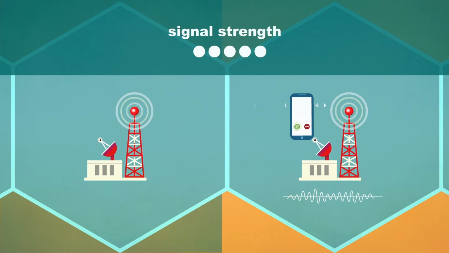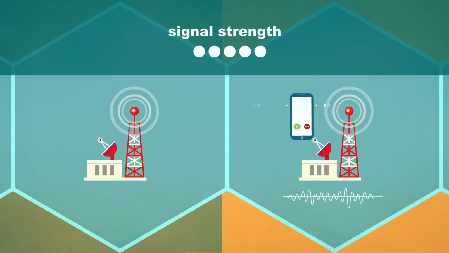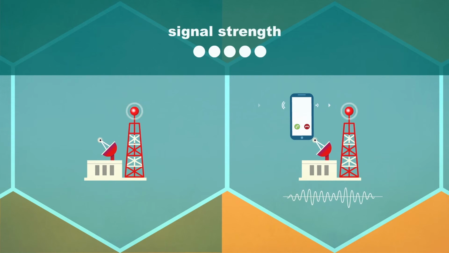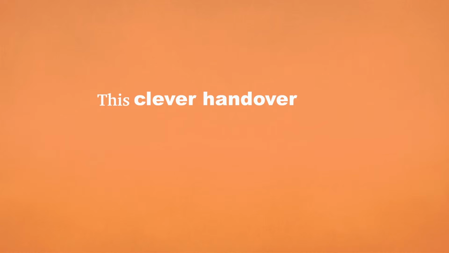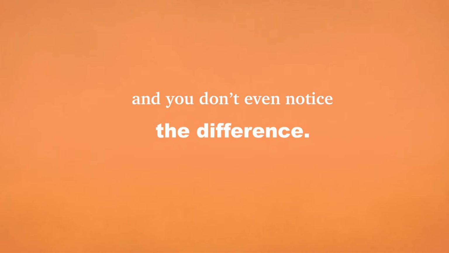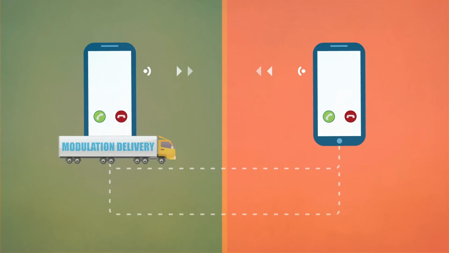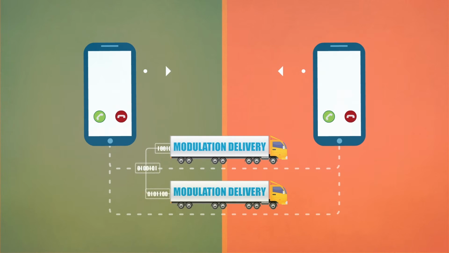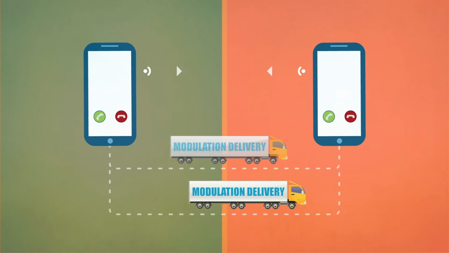This second base station now takes charge and just as quickly assigns your phone a new set of frequencies to continue the call. This clever handover happens in a matter of milliseconds, and you don't even notice the difference. Remember the bubble wrap packages and the modulation truck? Well, our package just got transferred onto a different truck.